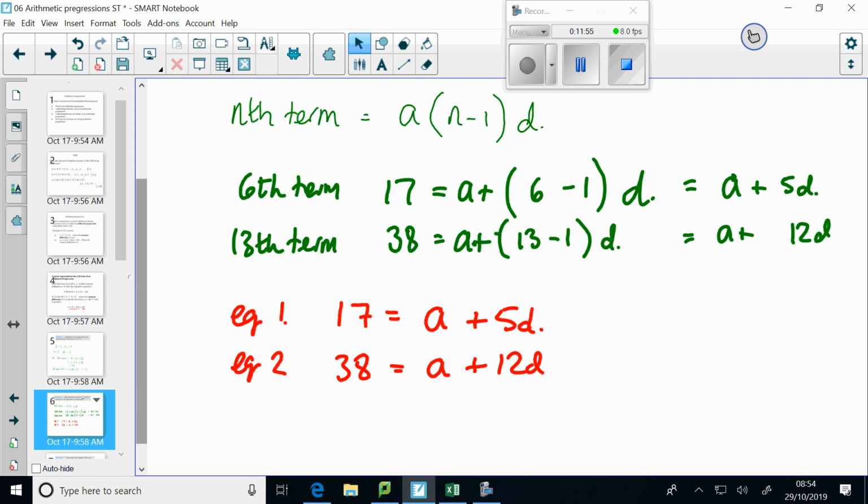So what do you know about solving simultaneous equations? How can we solve that? Anyone?